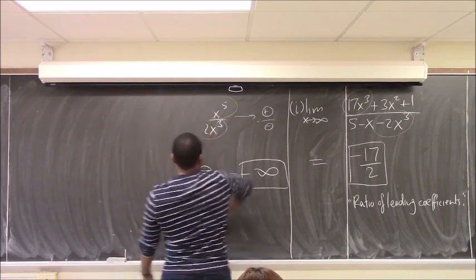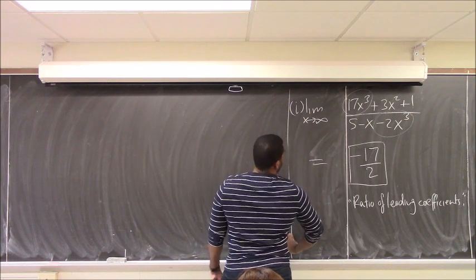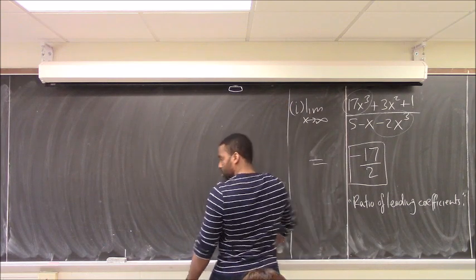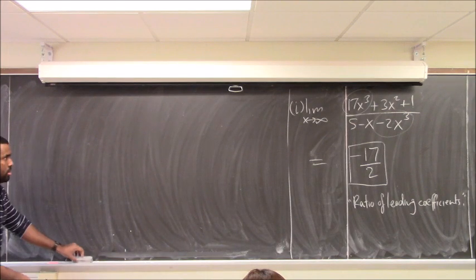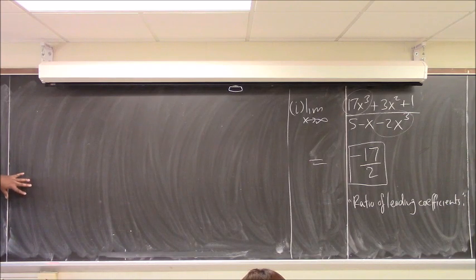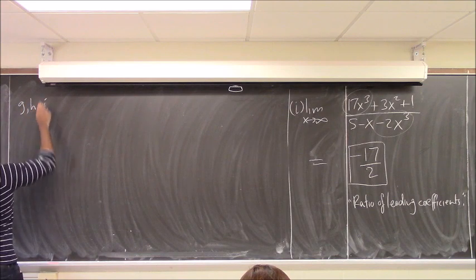Now G, H, and I dealt with a special class of limits, so I actually want to just summarize those. They have a special technique. Remember in the steps to do limits, I think in step 3, I said a special technique would apply here. This is one of them.